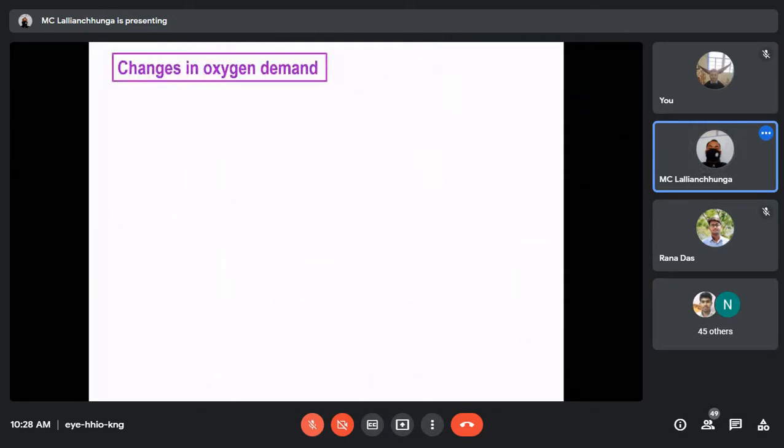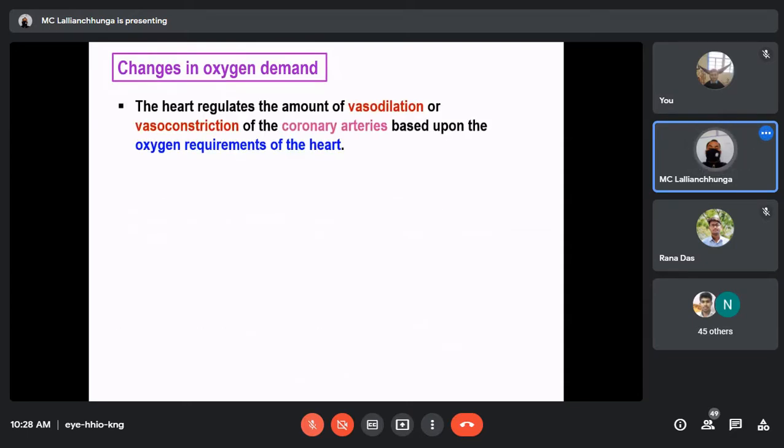Next is changes in tissue oxygen demand. The heart regulates the amount of vasodilation or vasoconstriction of the coronary arteries based upon the oxygen requirements of the heart, just like what we discussed yesterday. Yesterday we talked about how when oxygen lack is there, vasodilation takes place, but when there is excess of oxygen, contraction of the smooth muscle of the blood vessel takes place.